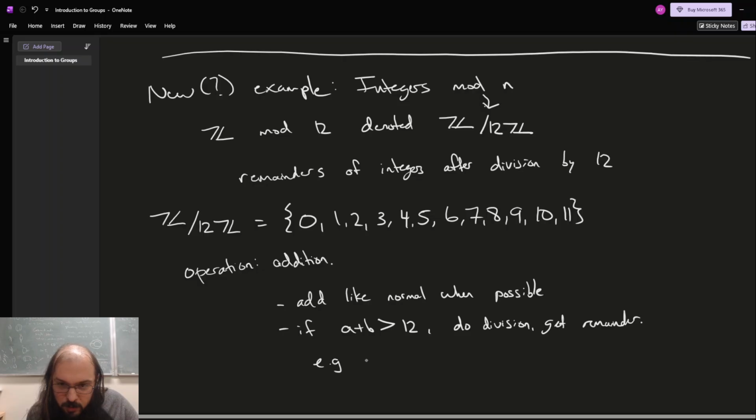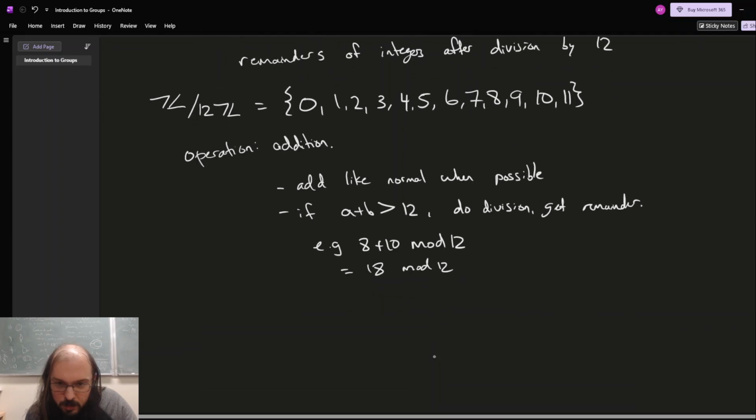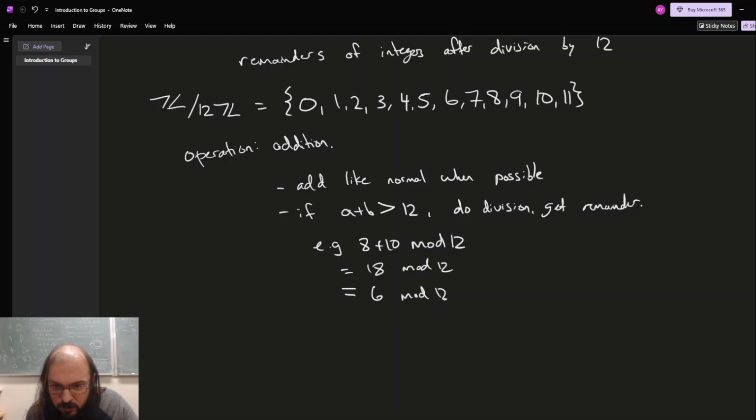In other words, 8 plus 10 mod 12 equals 18 mod 12, but that's not in the set here. So what is in the set? When I do 18 divided by 12, the remainder is 6. Maybe a more succinct way of saying it is, if you're more than 12, just subtract 12.